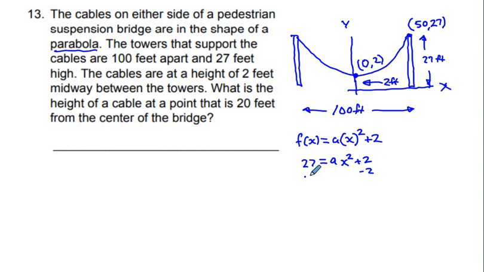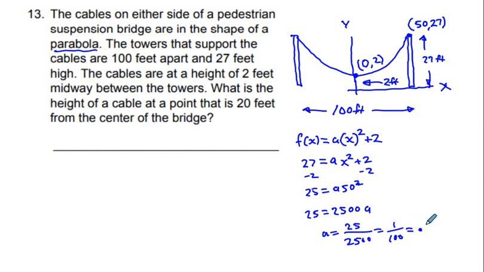We subtract 2, we get 25 is equal to a, and using x we'll have 50 squared, so we have 25 equals 2500 a. So a is going to be, oh excuse me, I got that backwards. A is equal to 25 divided by 2500, which simplifies to 1/100th, which is going to be 0.01.